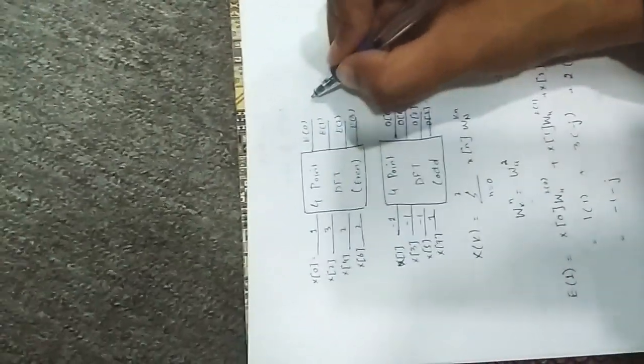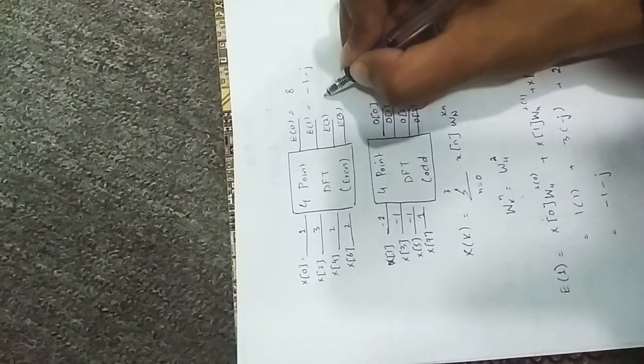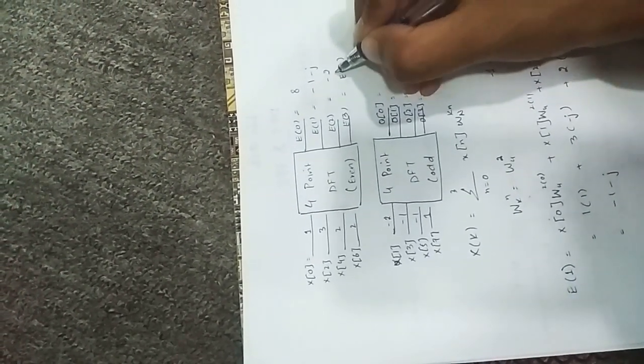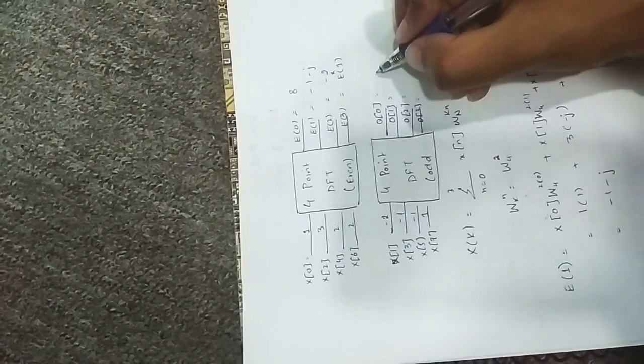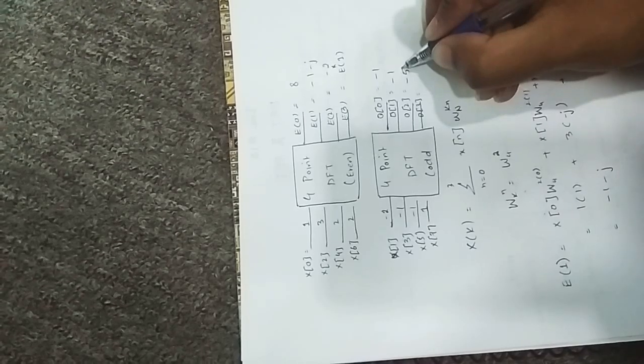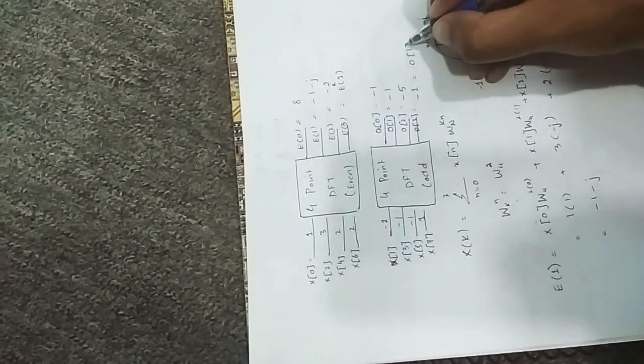You can calculate the rest of the results by using the same formula. E of 2 will be minus 2, and E of 3 will be the conjugate of E of 1. Similarly, the odd sequence will have the following results, and it is basically the conjugate of the values for E.